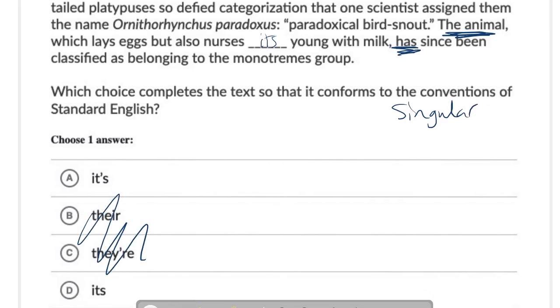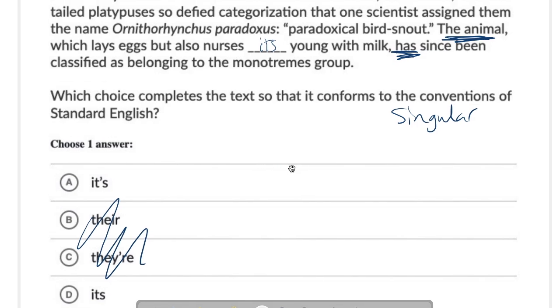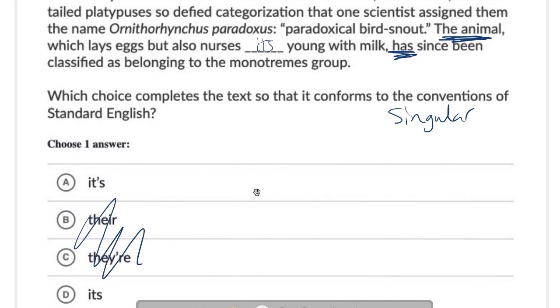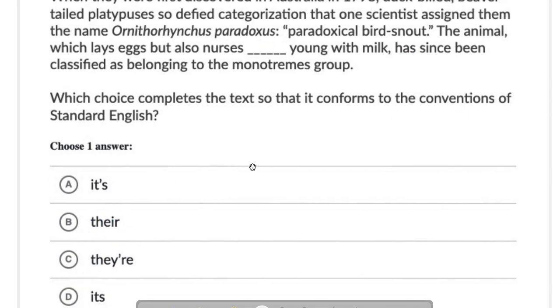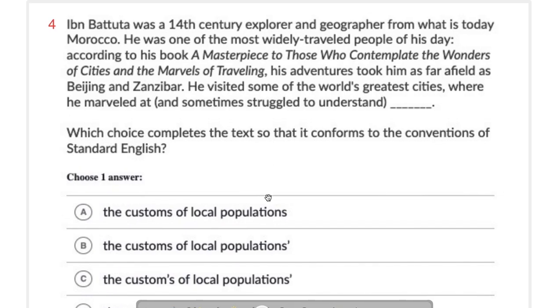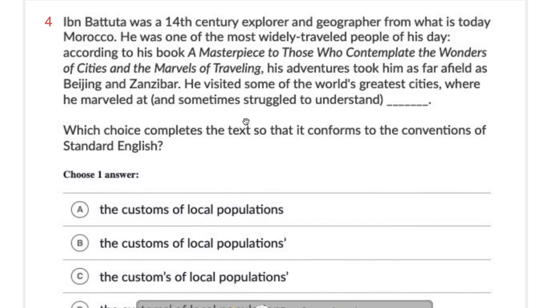So they and their and them are always plural when we encounter them on this test. And then the difference between it's and its, well, that means it is. This is the possessive form of it, and that is why we want it to be our answer.